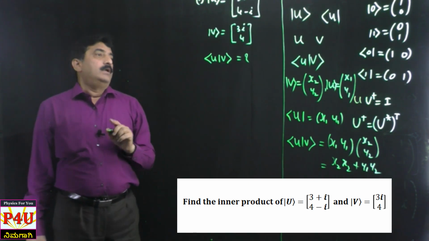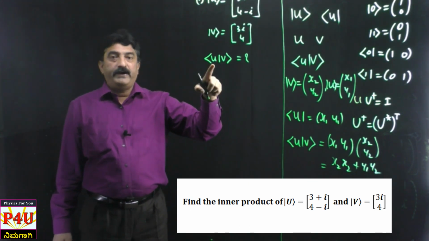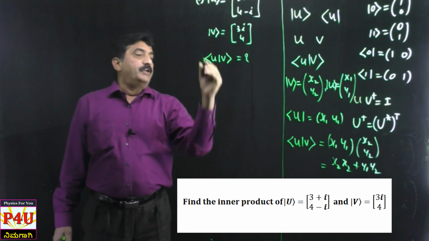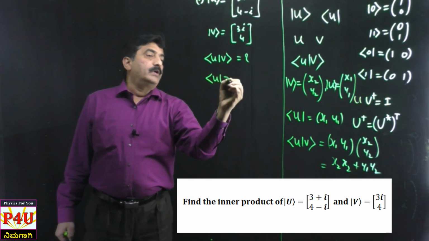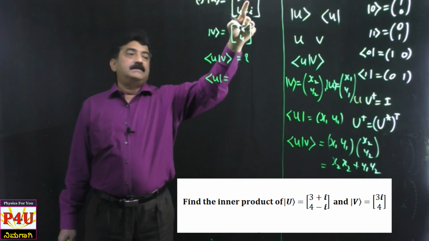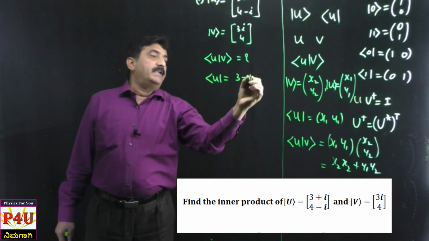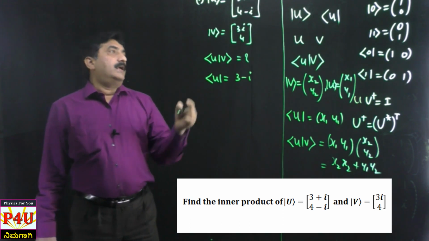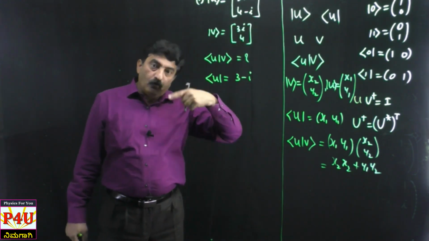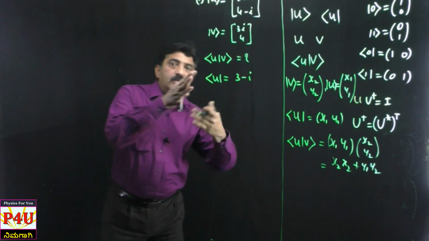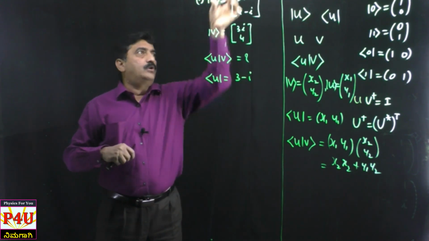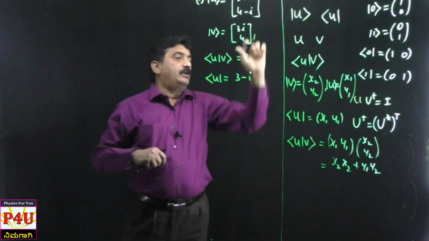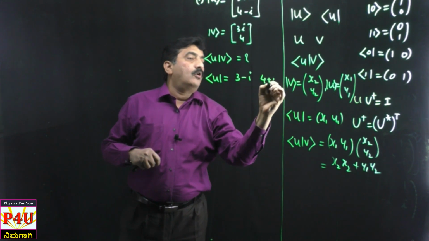Well, what to do? I have to first of all find the Hermitian of u, that means bra u. How to find it? 3 plus i must become 3 minus i, and 4 minus i becomes 4 plus i, and now I convert the column into a row.